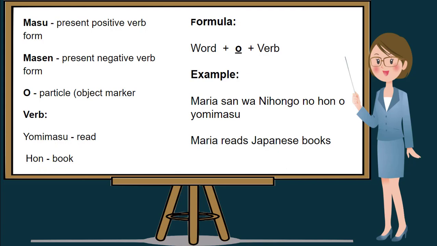Again, we will be using this formula: word plus particle o, which is the object marker, and verb. We will be using yomimasu, or to read, for the verb. And we will be using a subject in the sentence, Maria-san.